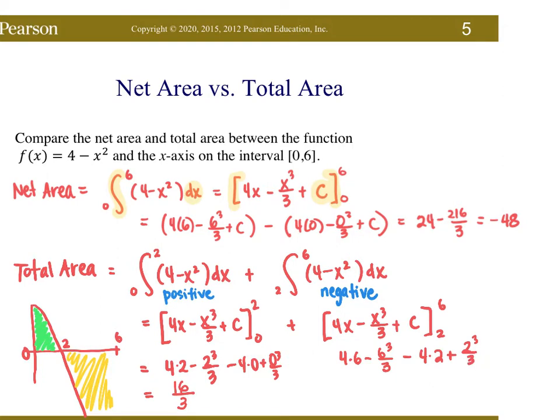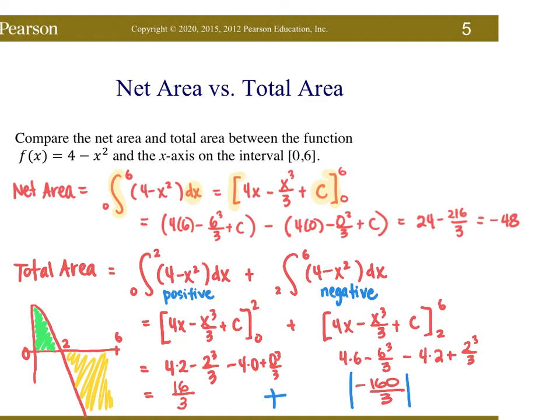All right, and then for that one, I'll do a math fraction on that. Let's see what I get here. Negative 160 over 3. All right, for that negative one, I have to put the absolute value around it. And then I'm going to add these together.